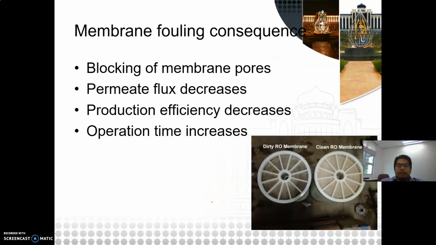So what happens if we do have membrane fouling?